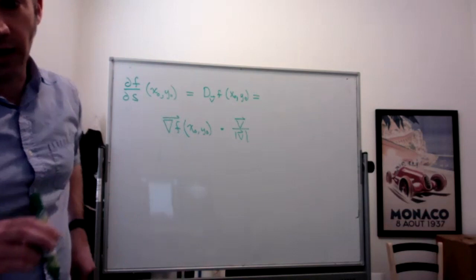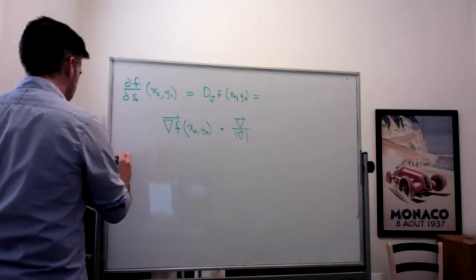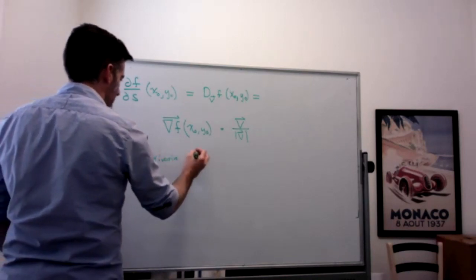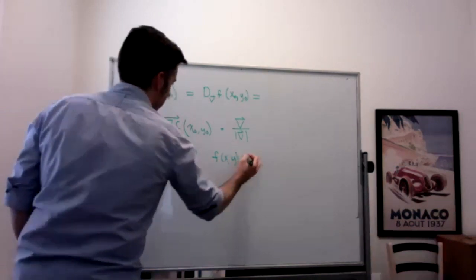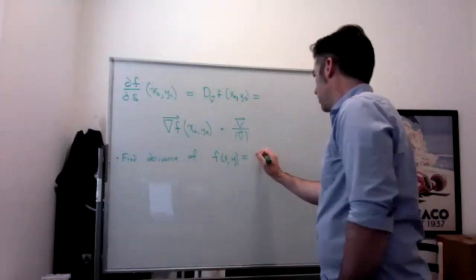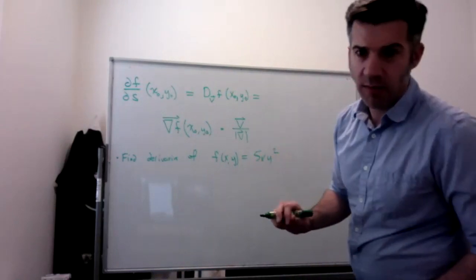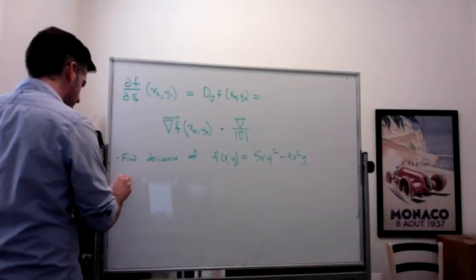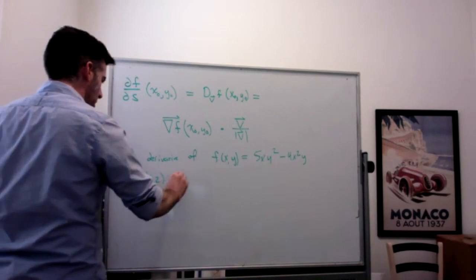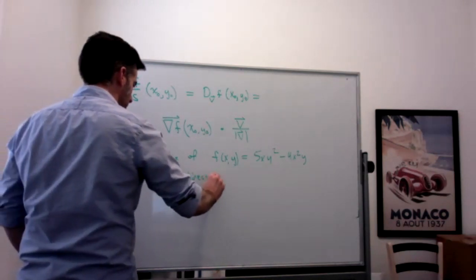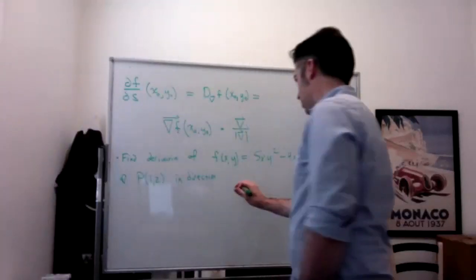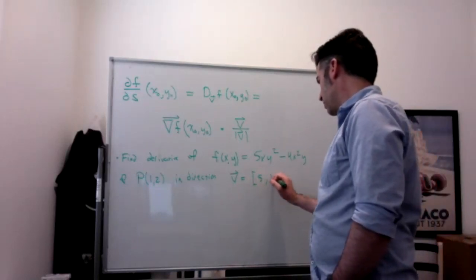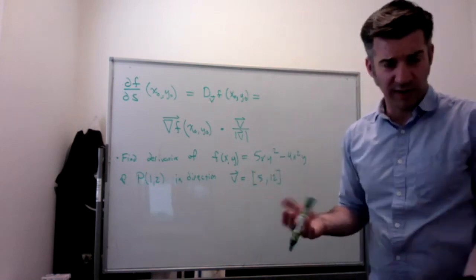Let's say I want to find the derivative of the function f of x y equal to 5xy squared minus 4x squared y at the point (1, 2) in the direction, I'm going to make it a little less easy, v equal to (5, 12).